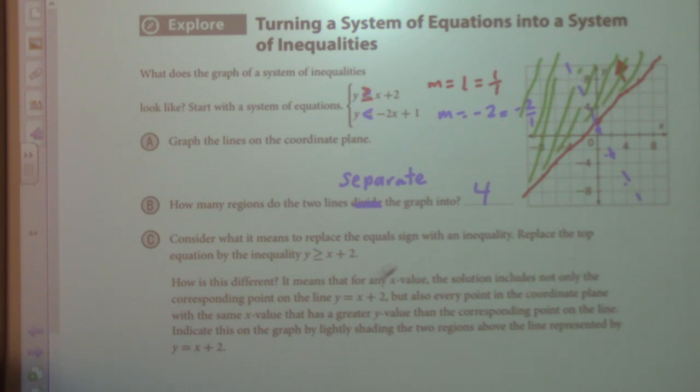And then it also says less than. So which way do we shade here for this one? Less than is shaded which way? Okay, we're shaded below.